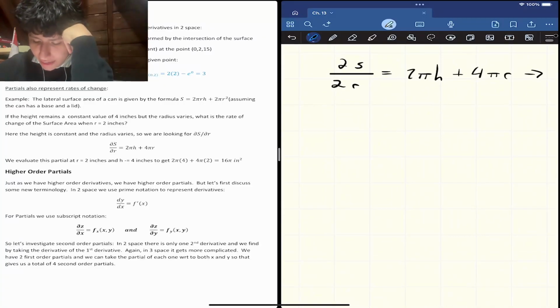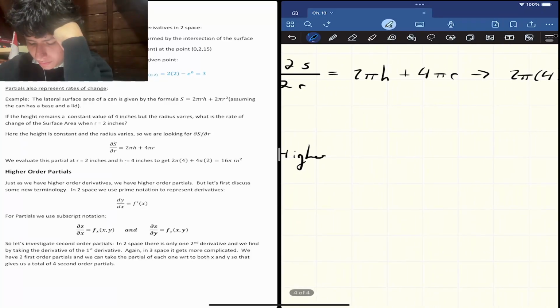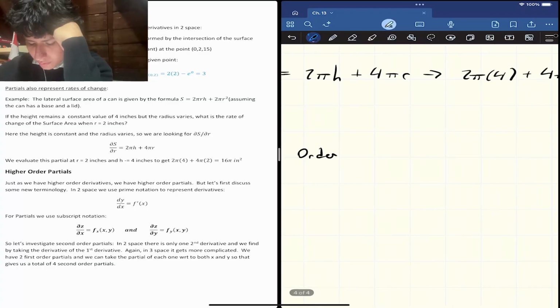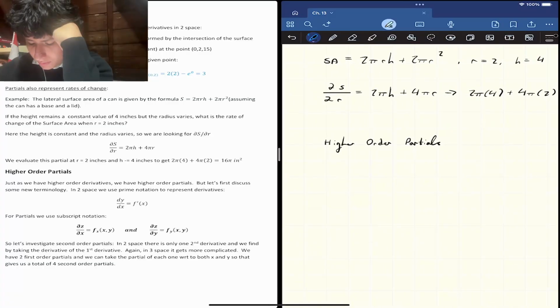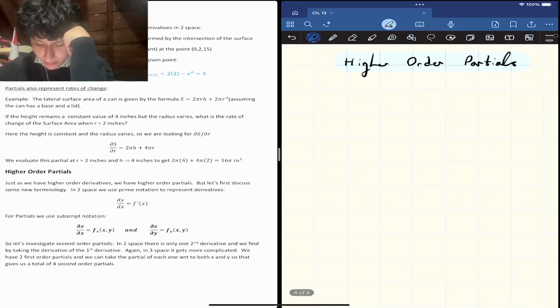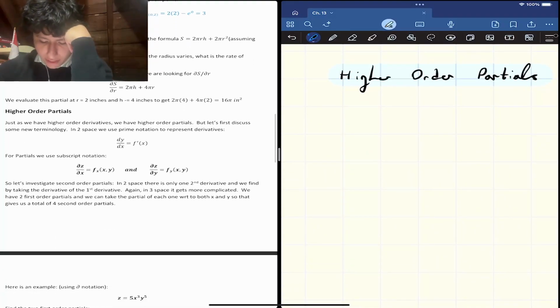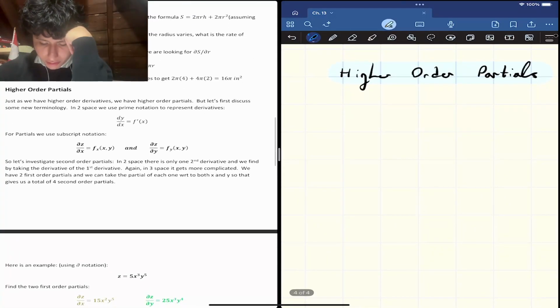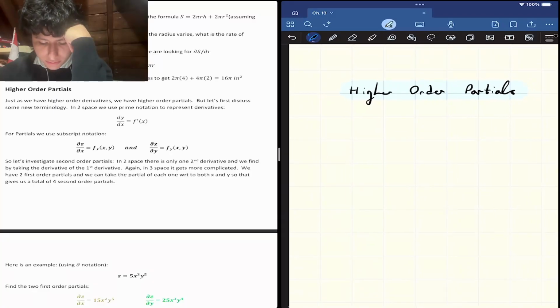Now we're going to be looking at higher order partials. Just like we have higher order derivatives, we have higher order partials, so let's first discuss new terminology. In two-space, we use prime notation to represent derivatives.